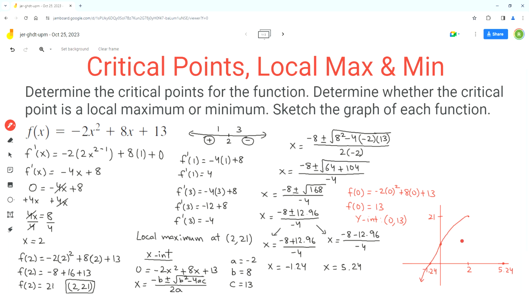And on the right side of x equals 2, the function should be decreasing. So the curve should be sloping downward and it will pass through the x-intercept 5.24. So this should be the sketch of this function based on the analysis we did.